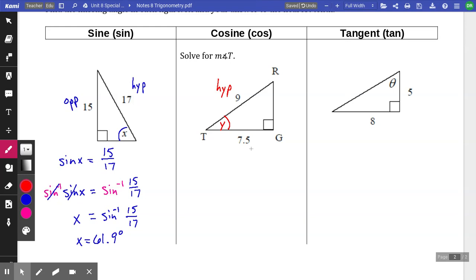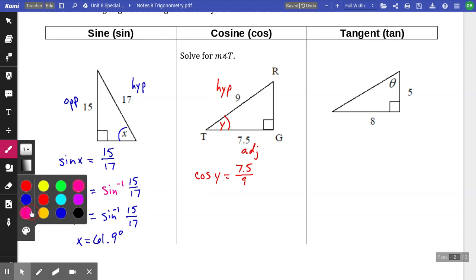You're also given the leg adjacent to y. It's the leg that helps make angle y. And so that's why we classify it as the adjacent. And so the setup for this is going to be cosine because of the two sides that you have. And we simply write that cosine of y equals your adjacent 7.5 over your hypotenuse 9.